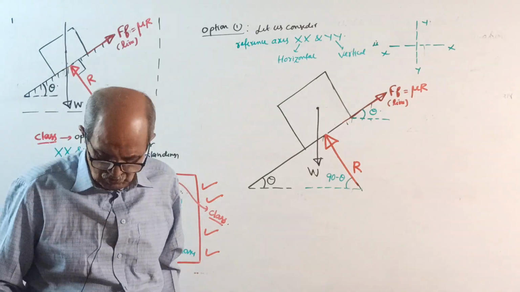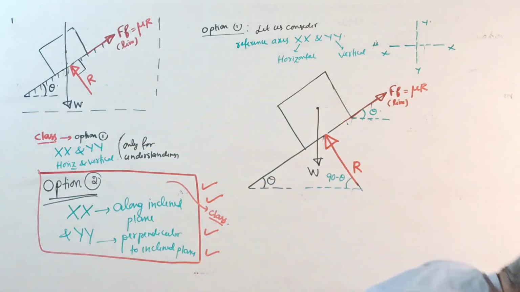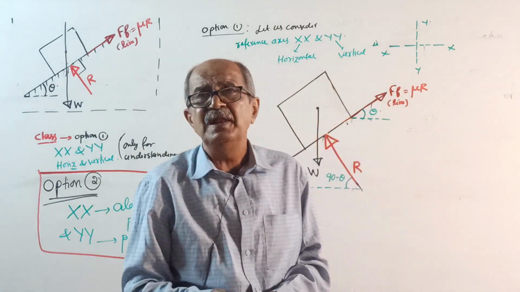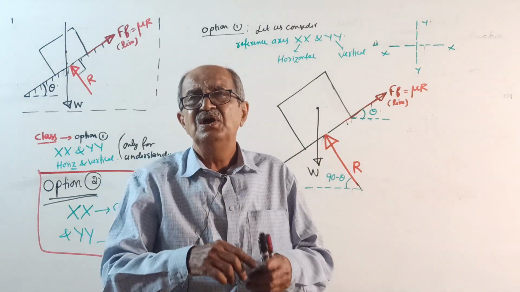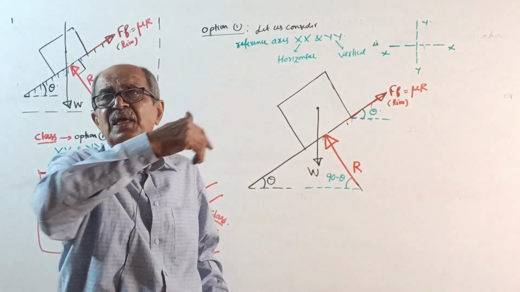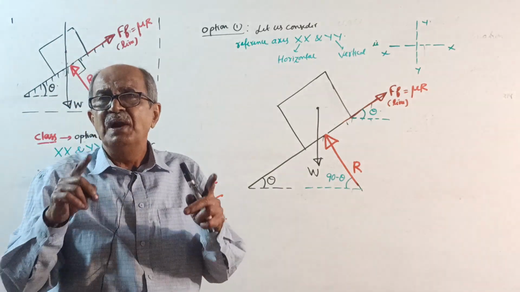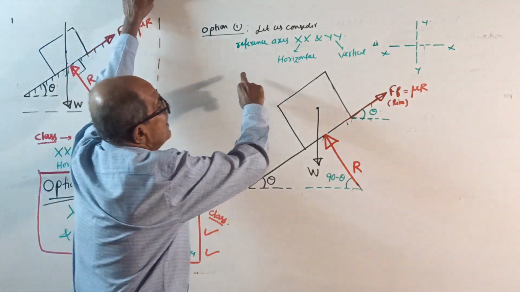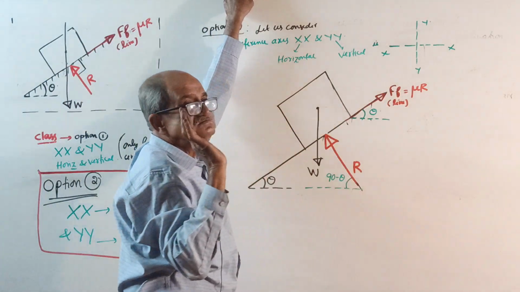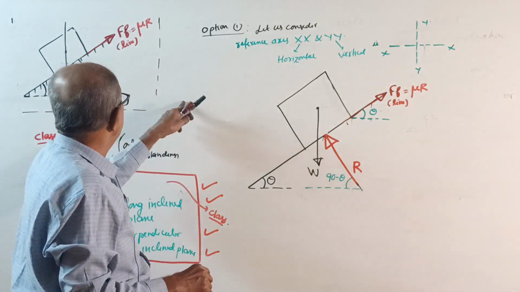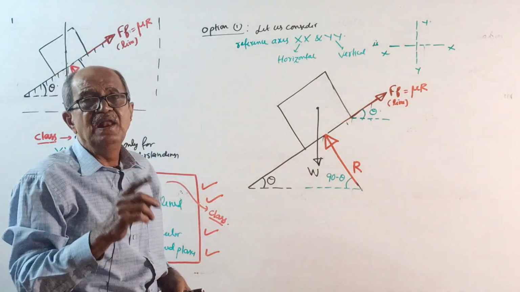With two inclined planes you cannot take two x axes, only one. In such cases you drop the idea of x along the plane, y perpendicular. When multiple inclined planes are there, you take x horizontal, y vertical. Only when one inclined plane is there is it ideal.